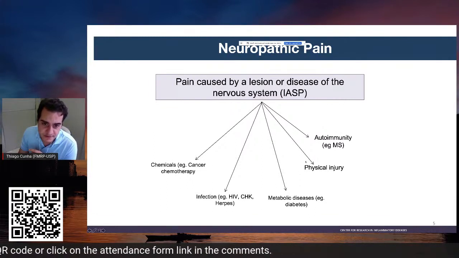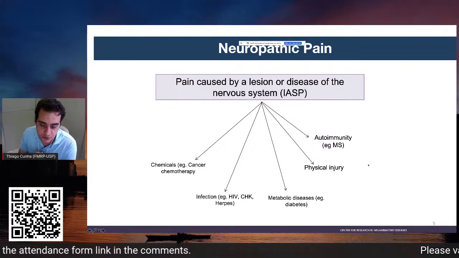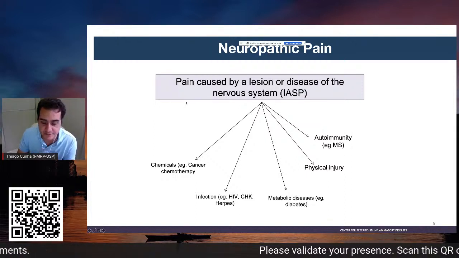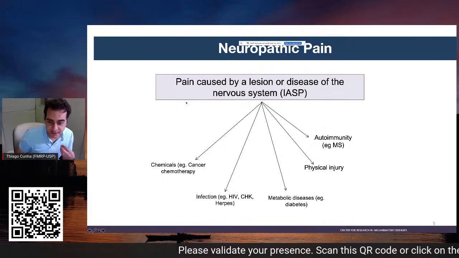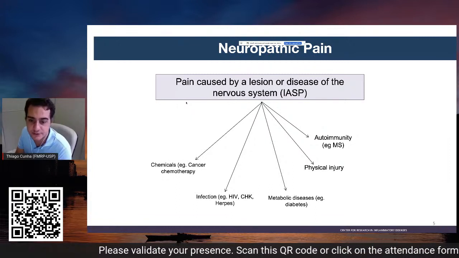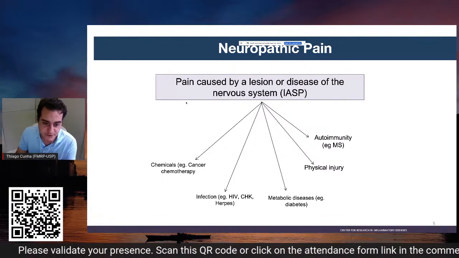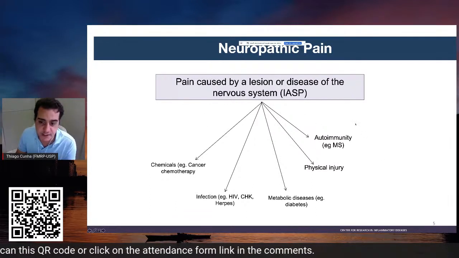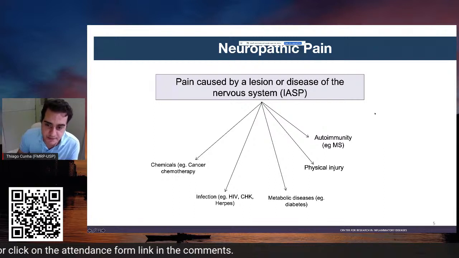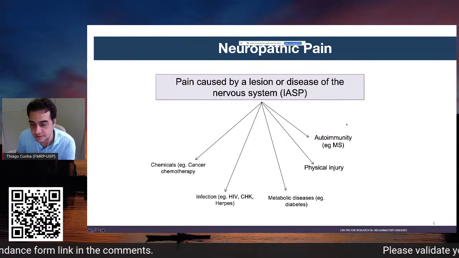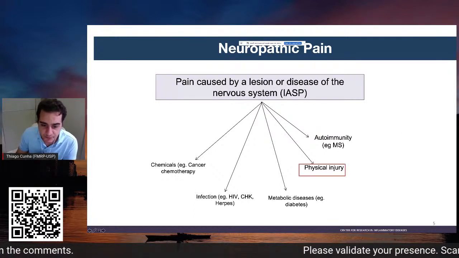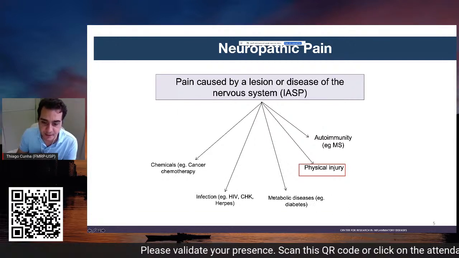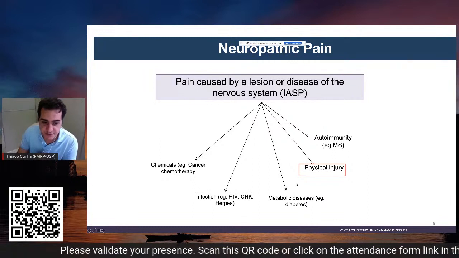There are several events that can drive neuropathy and cause damage to neurons in the periphery and in the central nervous system. For example, autoimmune disease like multiple sclerosis, as mentioned by Quintana previously. We also have metabolic disease that can cause neuropathic pain, such as diabetes.